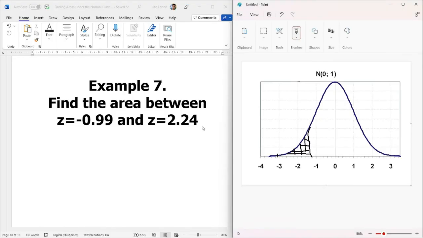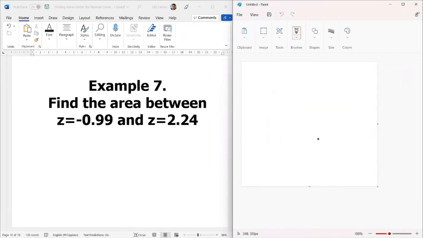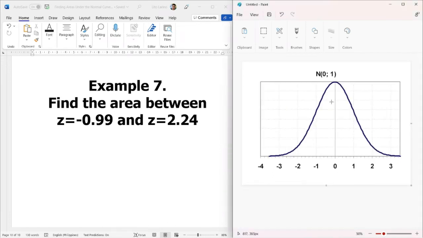Let's illustrate that in our normal curve. First is negative 0.99. It might be here. And we have 2.24, probably here. As you can see, we are looking for the area between these two z-scores. That means we are looking for this area.